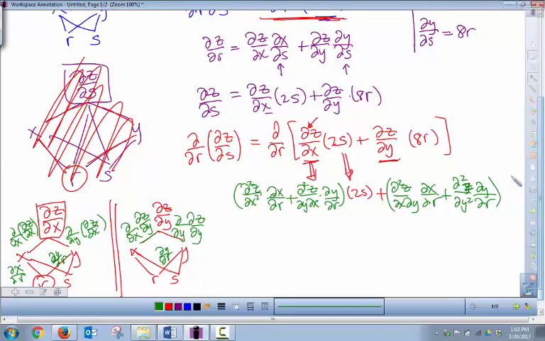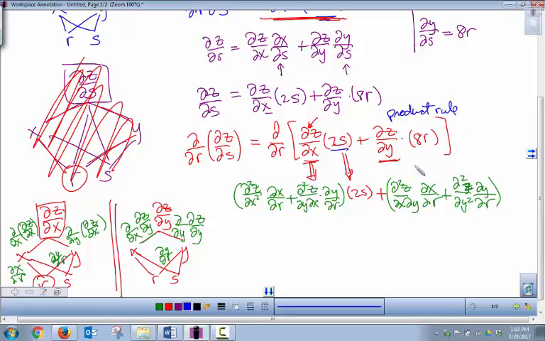Yeah, so this is a product rule now. We have to be careful about this one, because unlike the one before this, this is constant, and this is now a product rule. So it's the derivative of the first times the second.